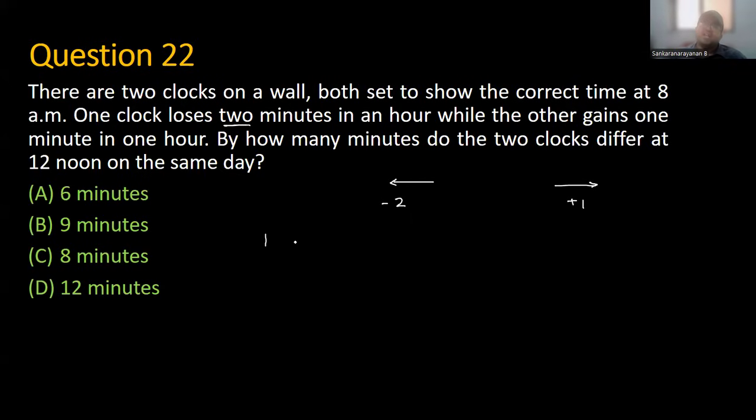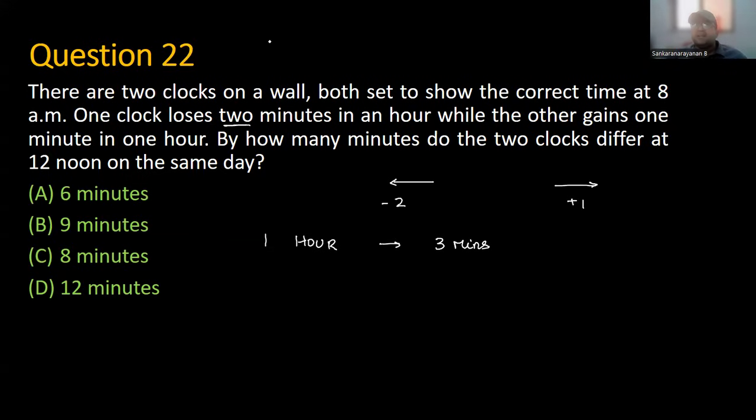So in 1 hour, they differ by 3 minutes. One will be going 2 steps back, one is going 1 step forward. So -2 plus 1, we can see that they will be separated by 3 minutes when 1 hour is over.